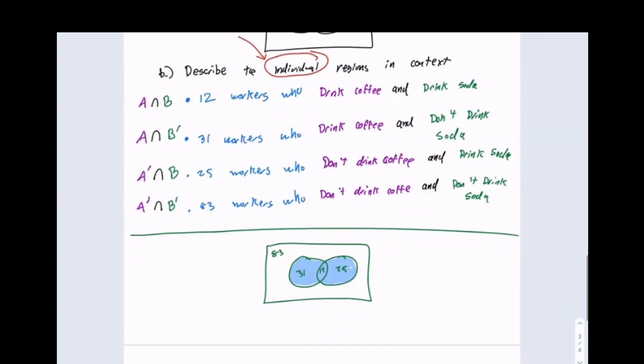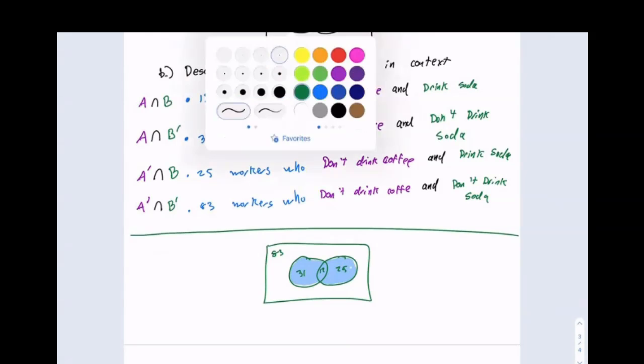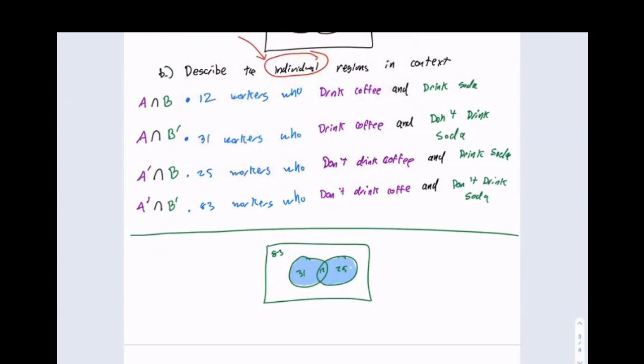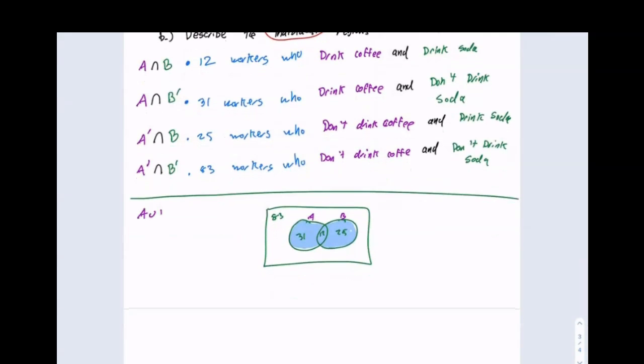What does this shaded region say? B union A. I mean A union B. It's a union, so this is A union B. We also know that the N of A union B, we can find that by adding 31, 12 and 25.